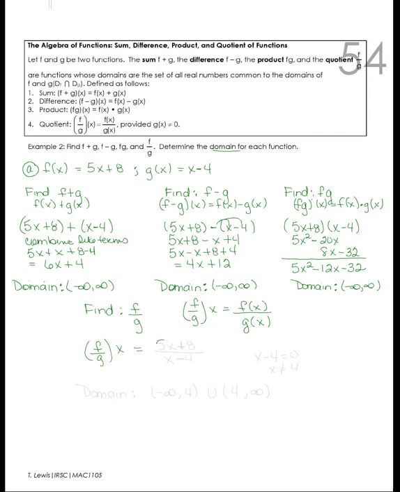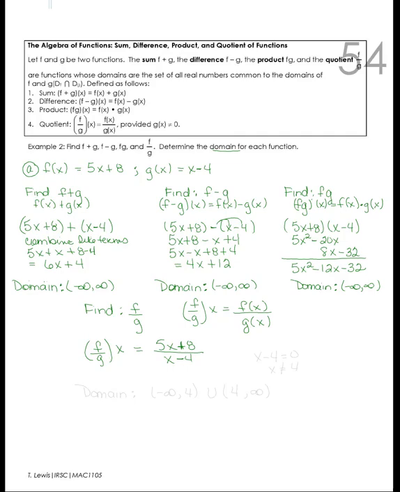So we're saying here 5x plus 8 all over x minus 4. Now this is going back to simplifying rational expressions. And if the numerator could be factored, then we factor it. If the denominator could be factored, we factor. But there's nothing that we can do. And we can't divide x minus 4 into 5x plus 8. But we can state a restriction here for our domain.